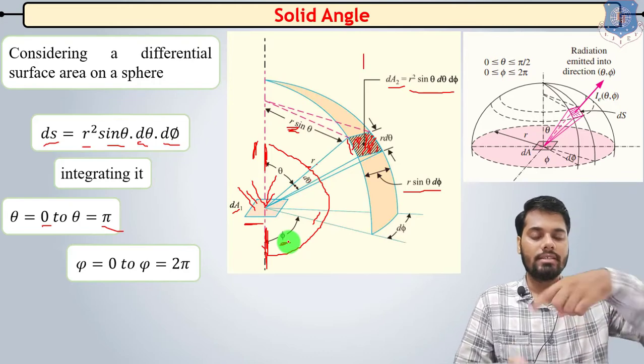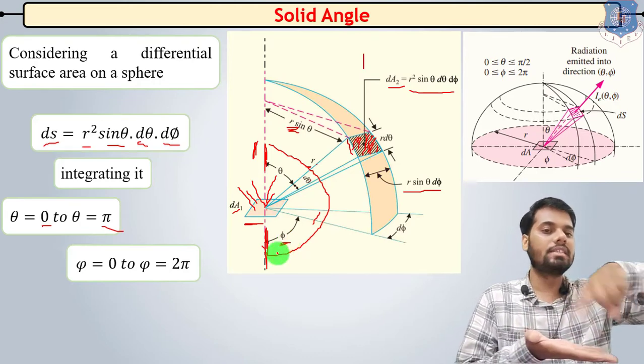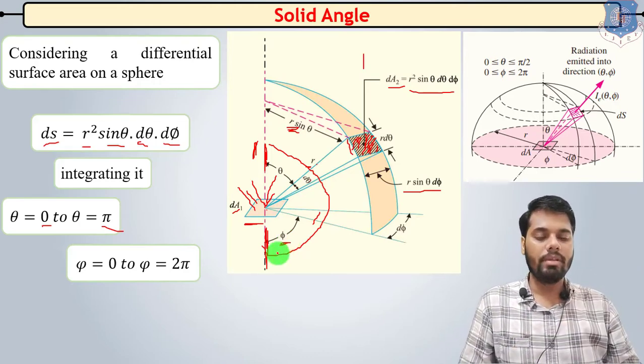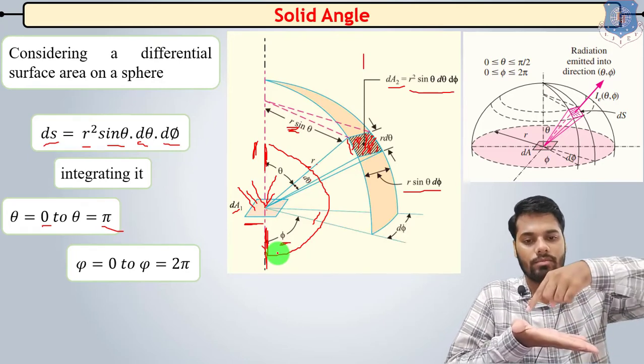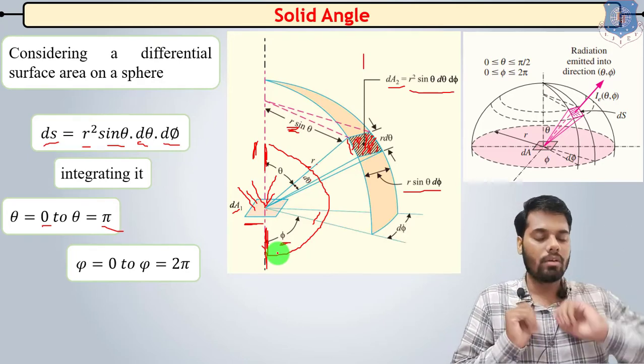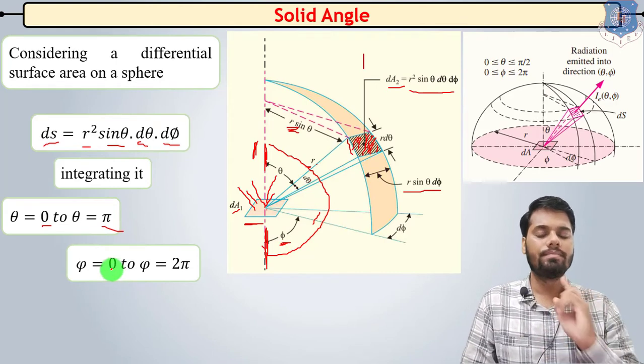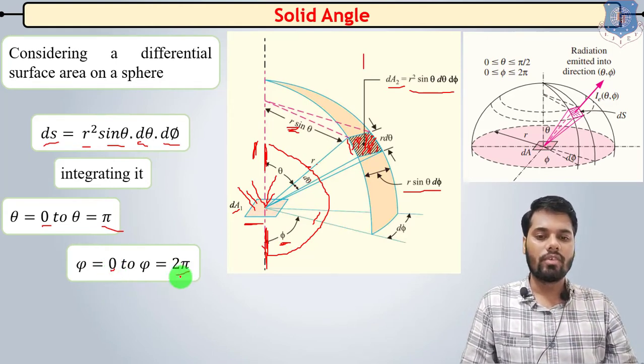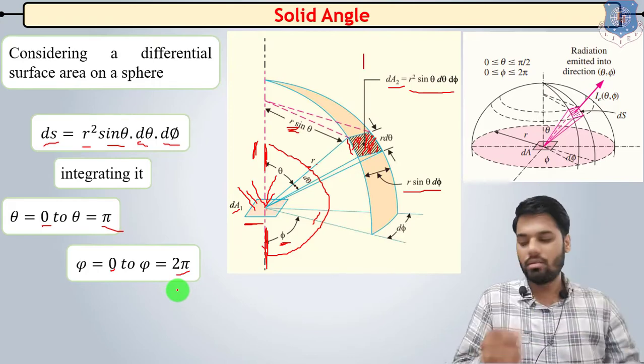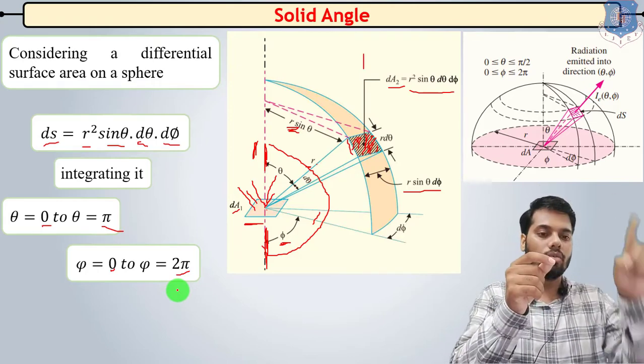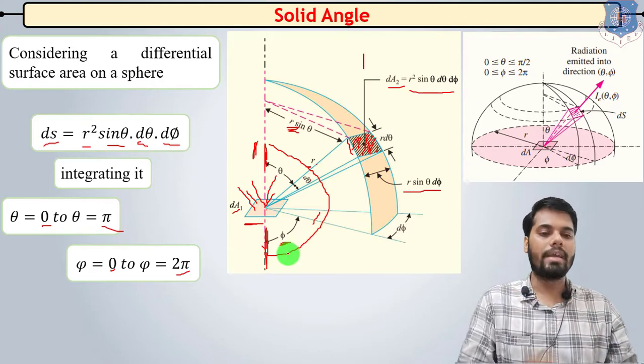For phi, there is a limitation of 360 degrees, the whole circle, so phi is from 0 to 2 pi. The limit of theta would be from 0 to 180, so from 0 to pi.